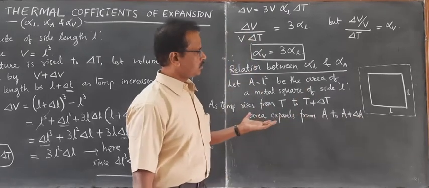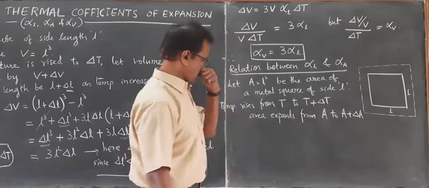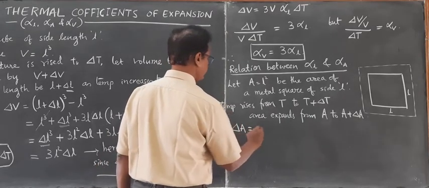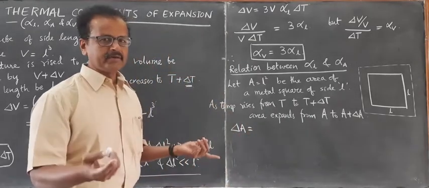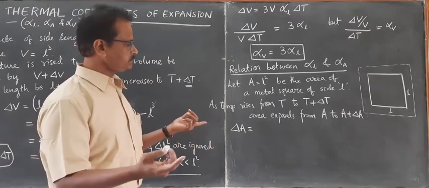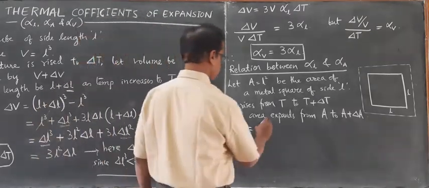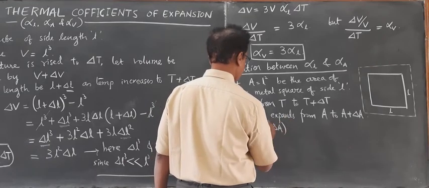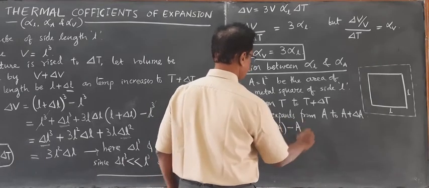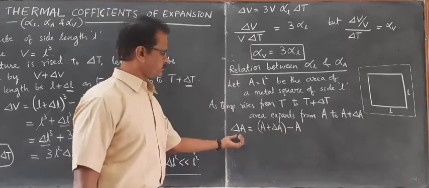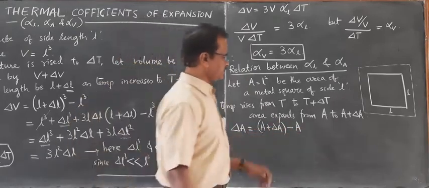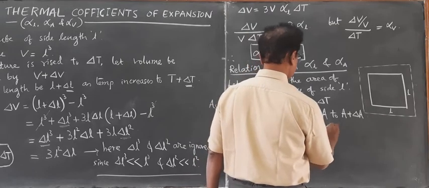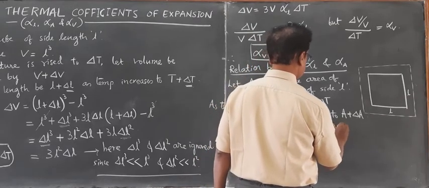So delta A can now be calculated as A plus delta A minus A. So that A cancels, you are left with delta A. What is A plus delta A? A plus delta A is L plus delta L whole square.